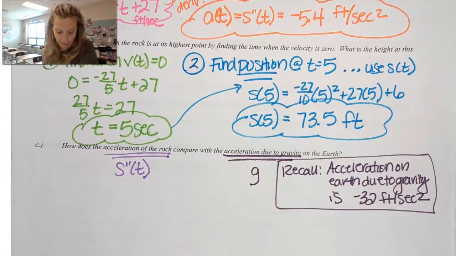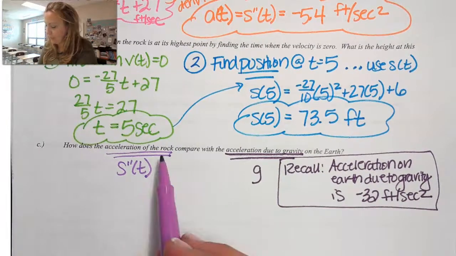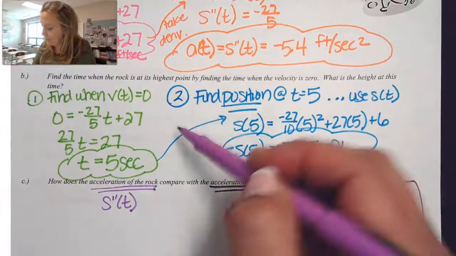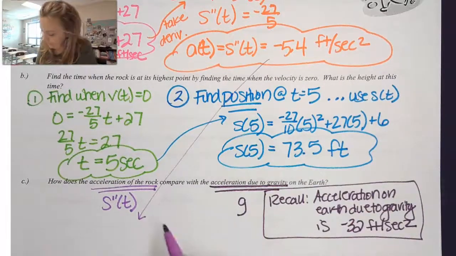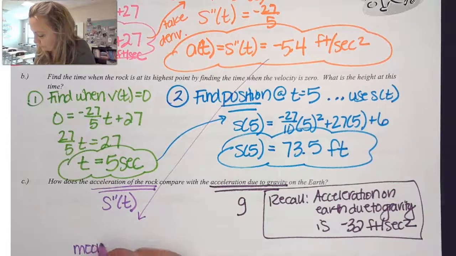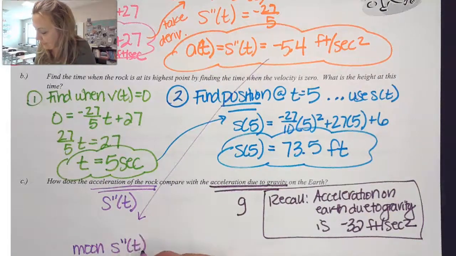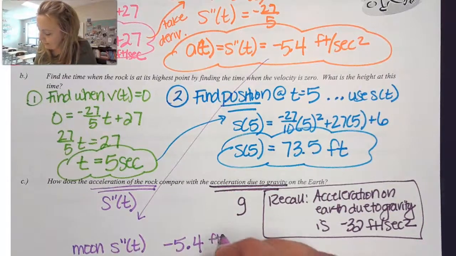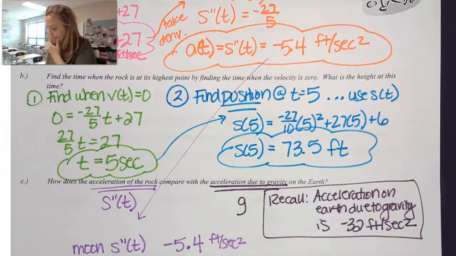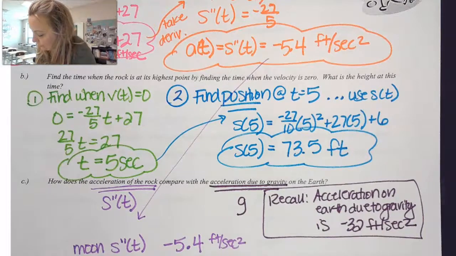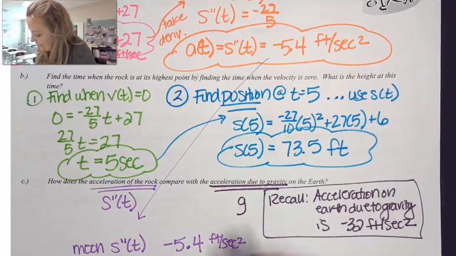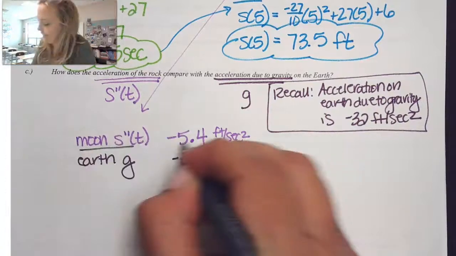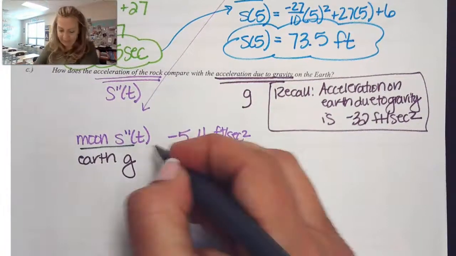So we know g, now we just have to find s double prime of t. So let's think about our acceleration. We know that from up here, right? What we did is we found that s double prime of t, which is the moon, was going to be negative 5.4 feet per second squared. And the Earth's gravity is negative 32 feet per second squared.